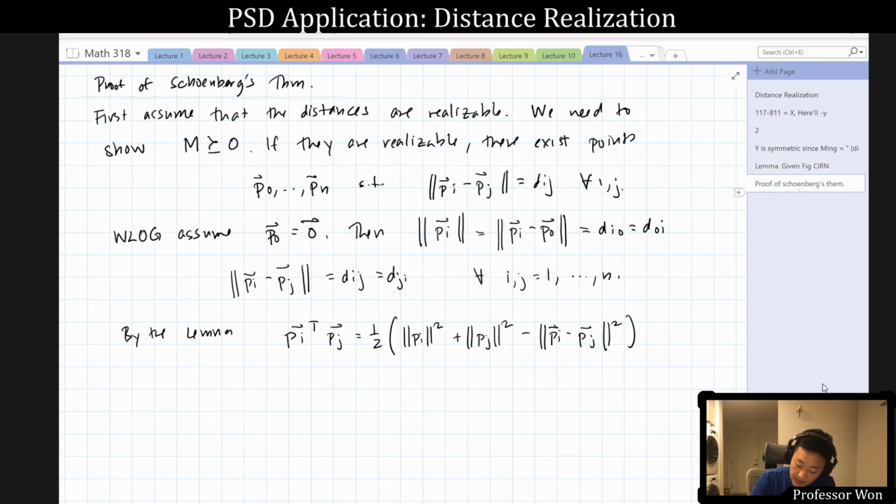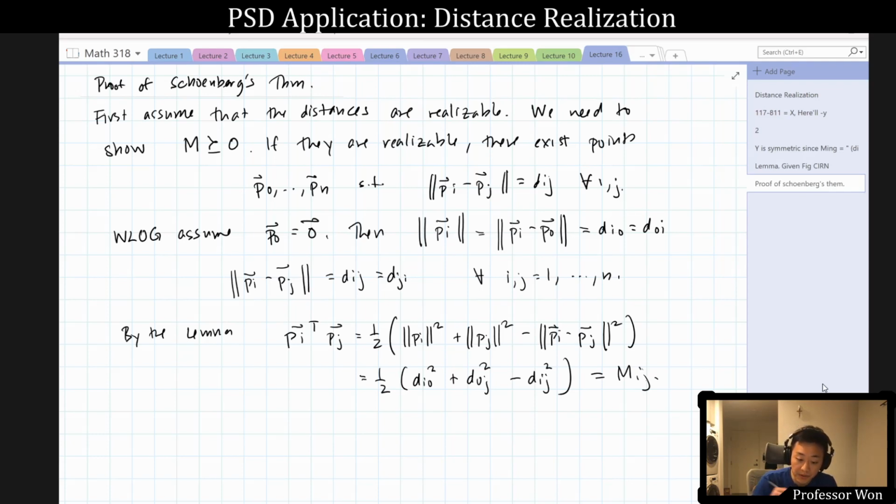But what is this? This is 1/2 times di0 squared plus d0j squared minus dij squared. And this is the thing that we called mij in the matrix. So I've shown you how to get mij from pi and pj.